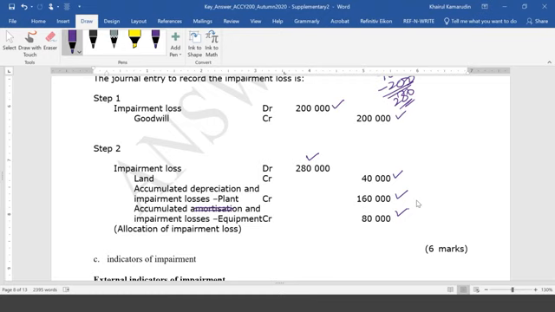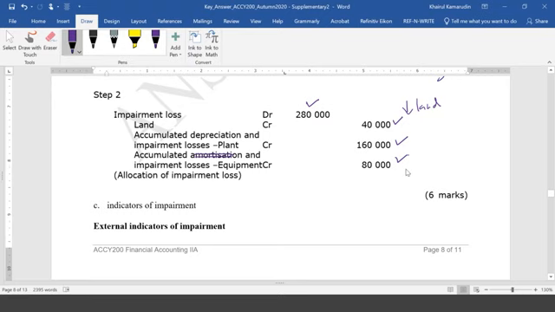Debit impairment loss, credit goodwill, meaning you reduce your goodwill. Second, debit impairment loss 40,000, credit land, reducing the land. Next, credit the accumulated depreciation and impairment loss for plant. It will increase the accumulated depreciation, but this will result in a reduction in the value of your assets.